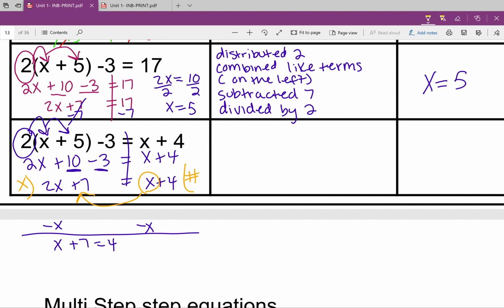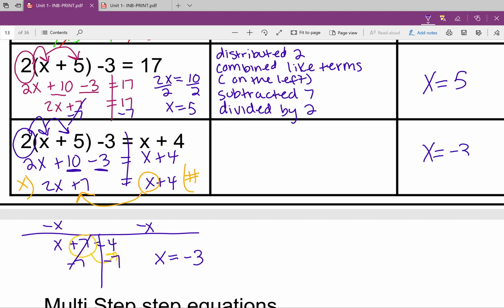Now I need to move my numbers over to this side. So I have minus 7, these cancel, left with x equals -3 because 4 minus 7 is -3.